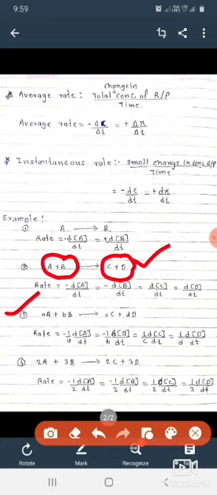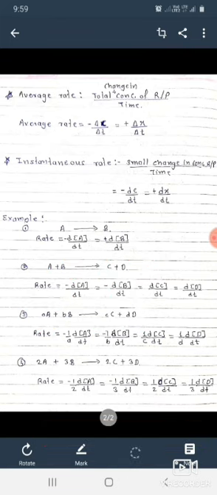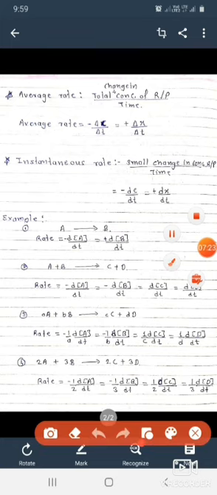Suppose we use small a mole of capital A and small b mole of capital B to give small c mole of C and small d mole of D. How do we write down the rate of such a reaction? The remaining terms are similar, only we write the reciprocal of the coefficients. That is, minus 1 upon a d concentration of A upon dt is equal to minus 1 upon b, where b means the number of moles of B, d concentration of B upon dt, is equal to 1 upon c d concentration of C upon dt, is equal to 1 upon d d concentration of D upon dt.